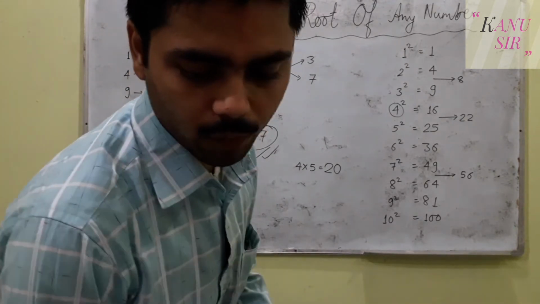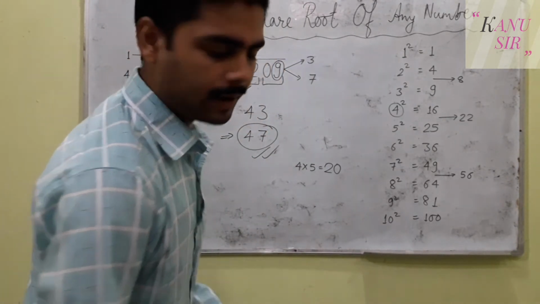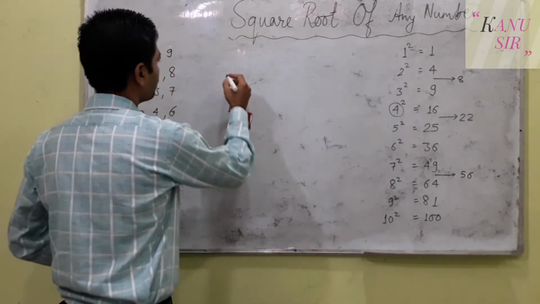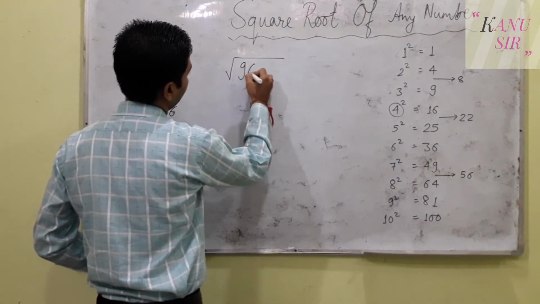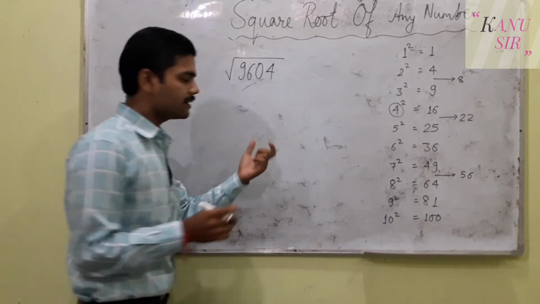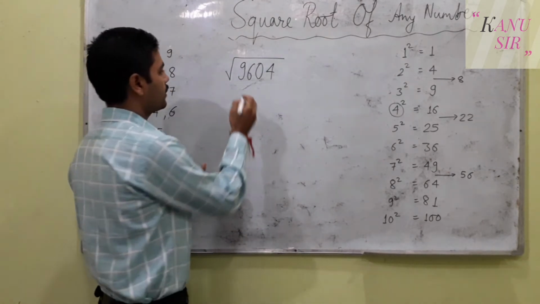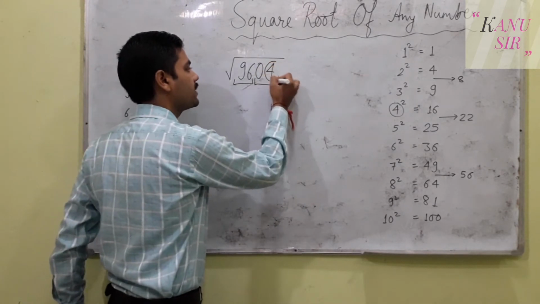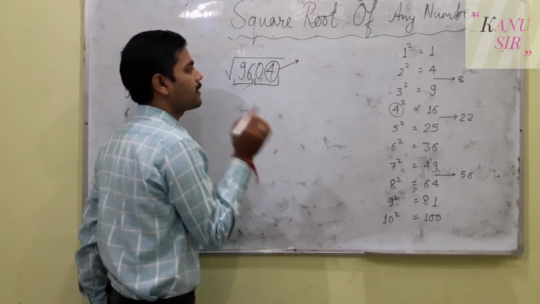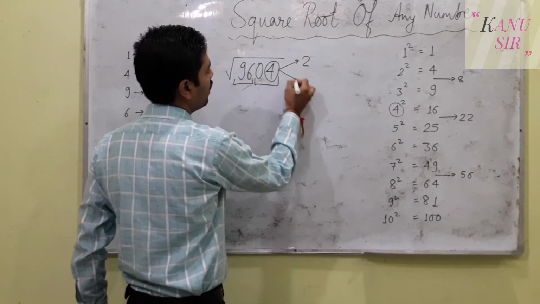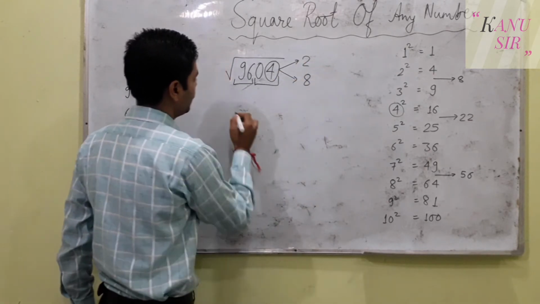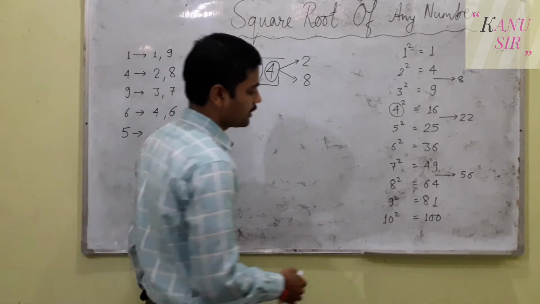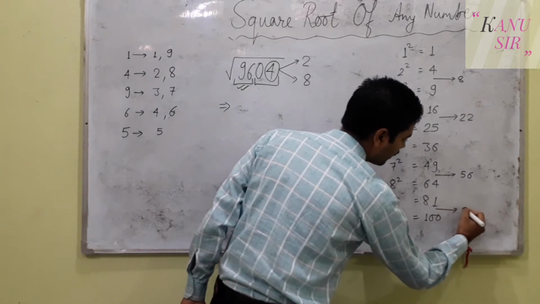One more example: the square root of 9604. I am taking the same examples which I have taken before. Breaking the number into two parts, the number in the ones digit is 4. It means the answer must contain 2 or 8. Then the deciding number comes from 96. 96 lies between 81 and 100.